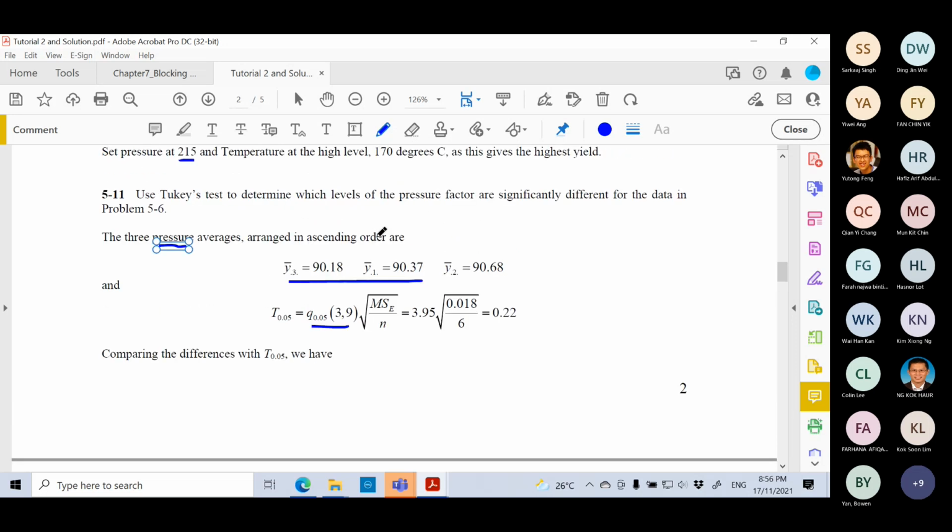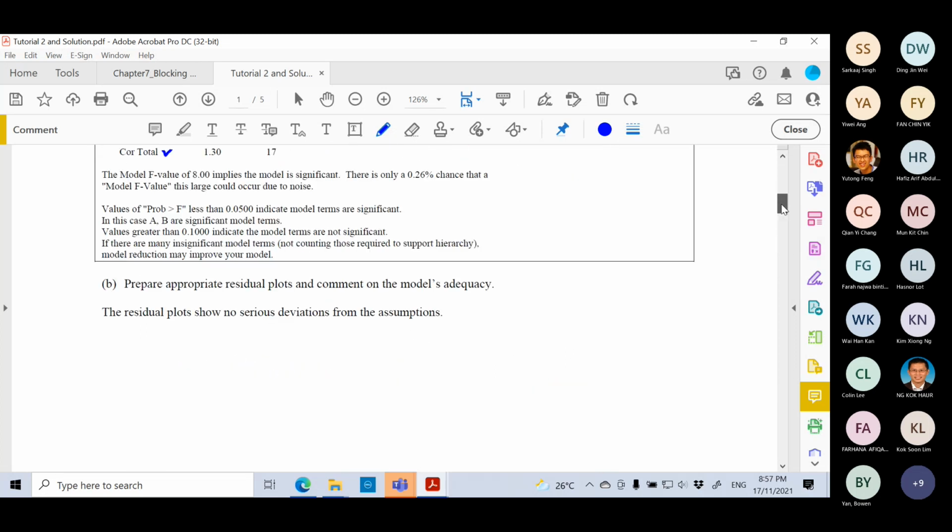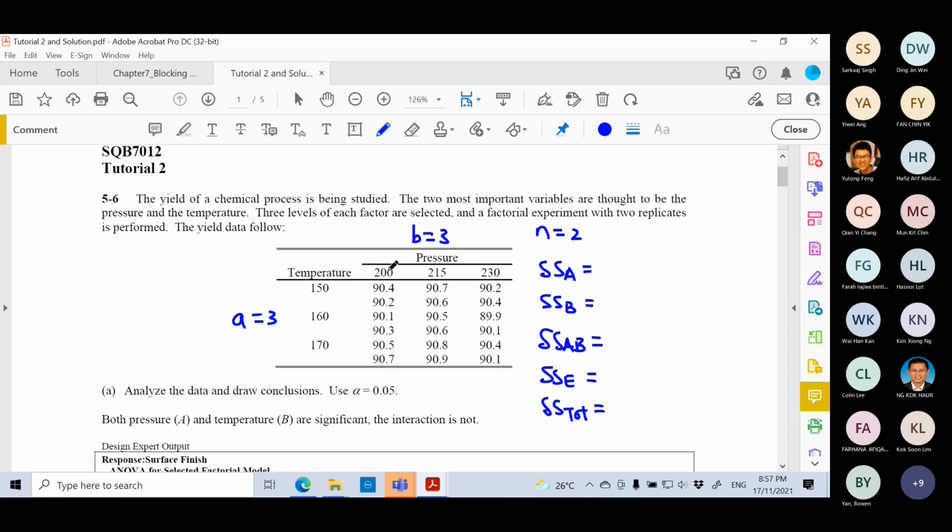If your condition is you want to have a minimum value, the small value, you can operate at level 3. Level 3 refers to the 3 here, where they put 1, 2, 3. So you operate at 230 or at 200 and get the same yield if you are looking for the minimum.